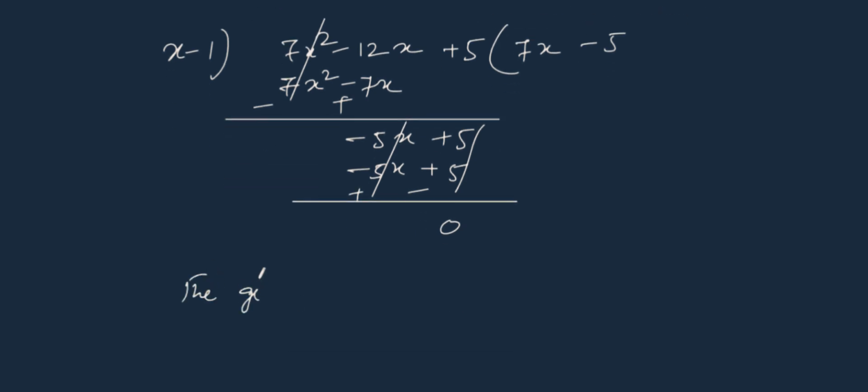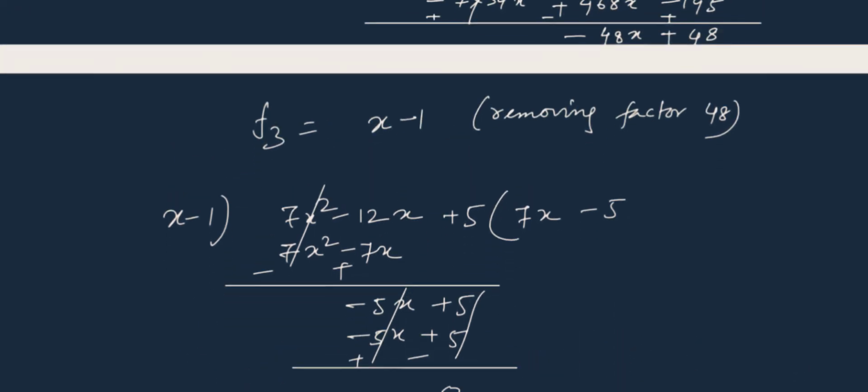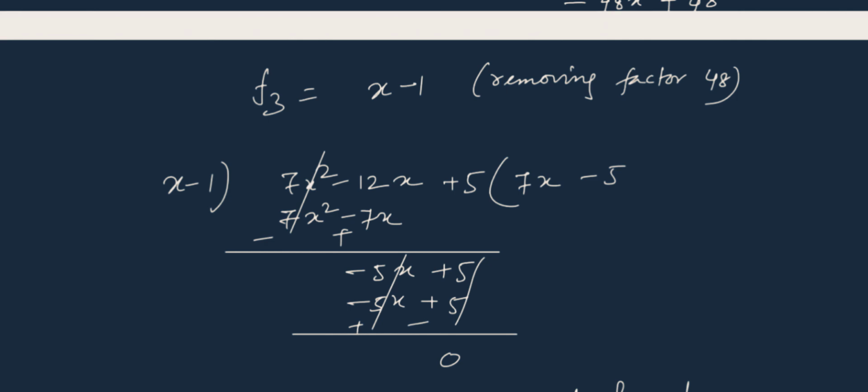The given equation has a multiple root. And see, F3 is x minus 1, that is the last remainder.